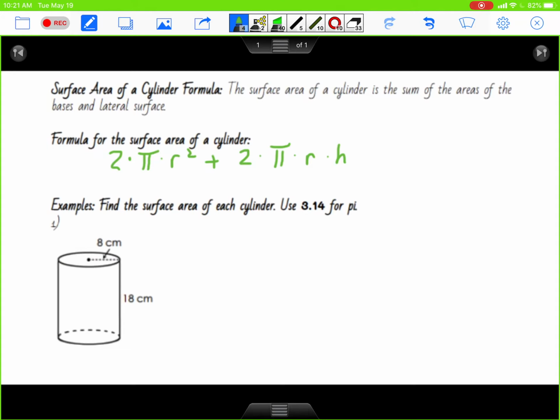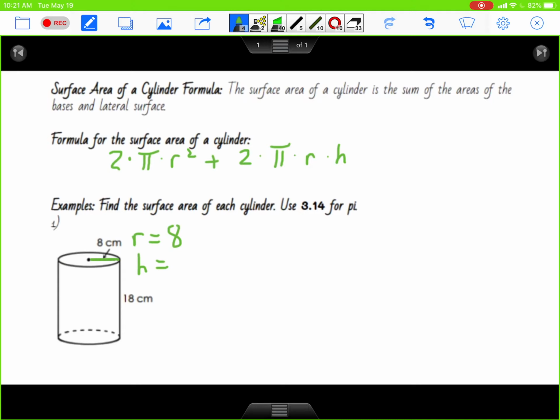What I like to do in the beginning is just find my radius and find my height right away. Looking at number 1 here, it gives me a radius of 8. Remember, the radius is going to be on the circle. Now you want to find your height. Height most of the time is going to be the vertical length.